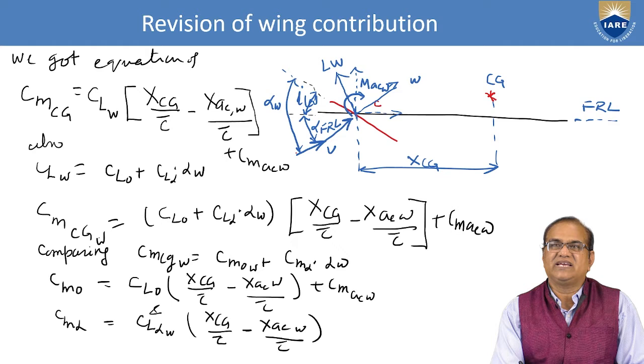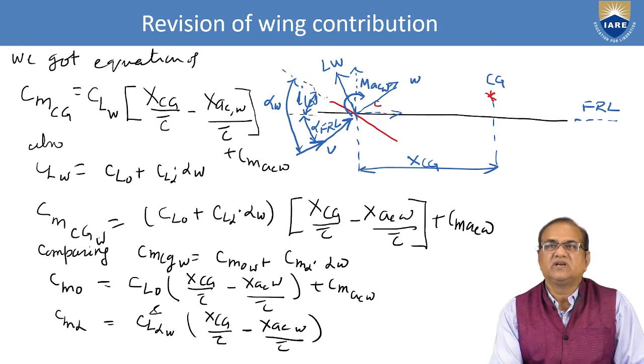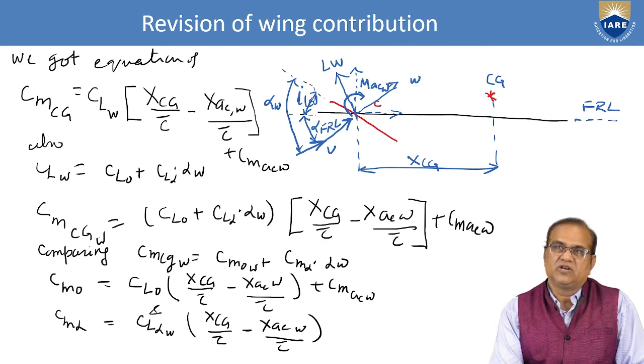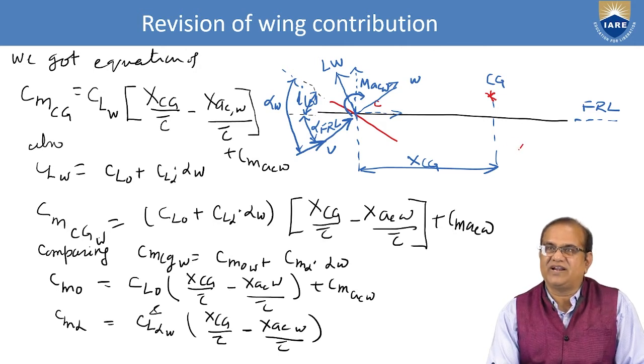Here is the wing setting angle, measured from the horizontal to the chord of the wing. So here we can see that alpha W is equal to alpha FRL minus I plus IW.